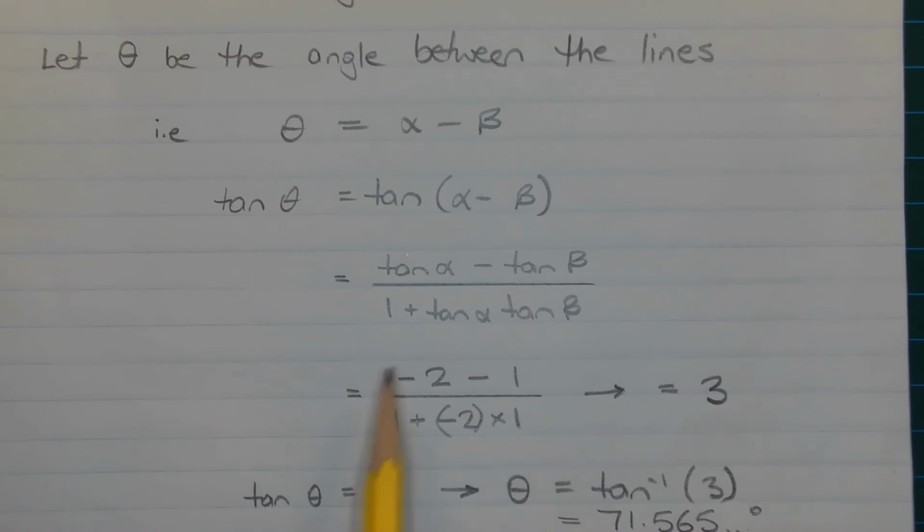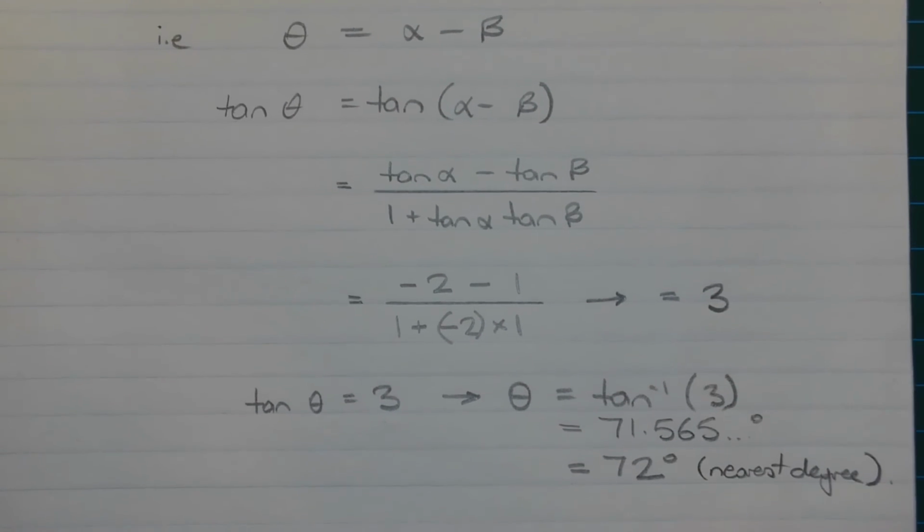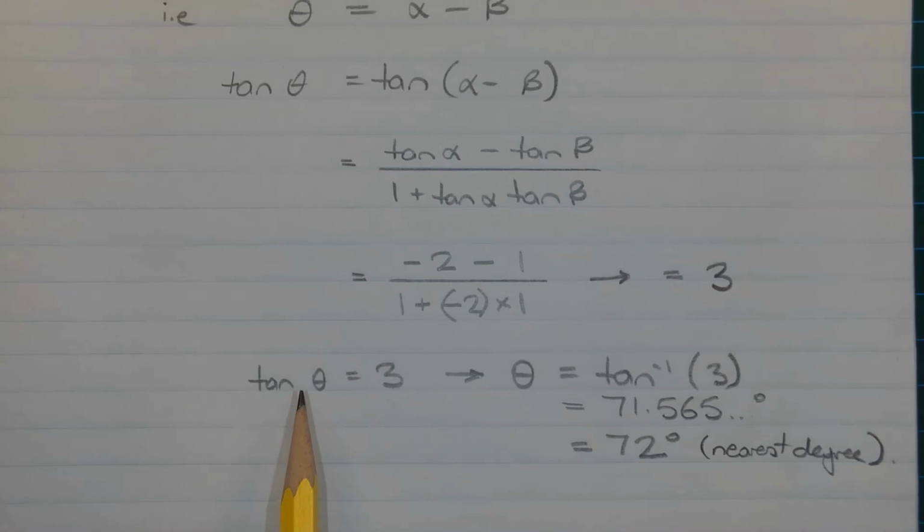And this fraction evaluates to 3. So the equation simplifies to tan theta equals 3. Taking the inverse tan of both sides to isolate theta, we get theta equals inverse tan of 3, which is equal to 71.565 and so on degrees, which rounds to 72 degrees, correct to the nearest degree.